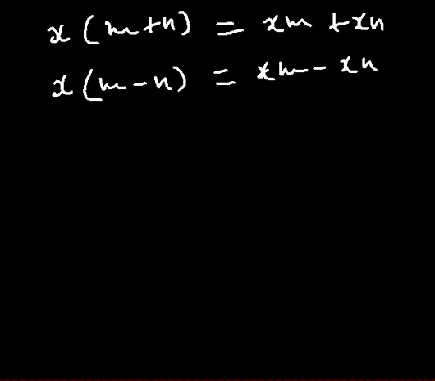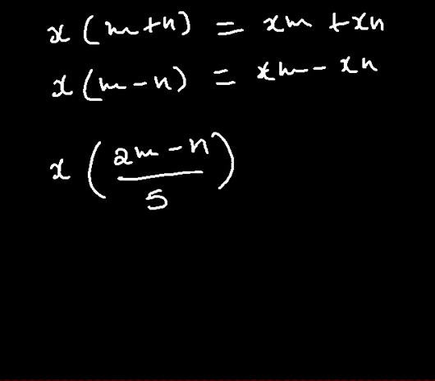And the same principle is applied if we have x times 2m minus n divided by 5. This is the same as x divided by 1 times 2m minus n divided by 5.